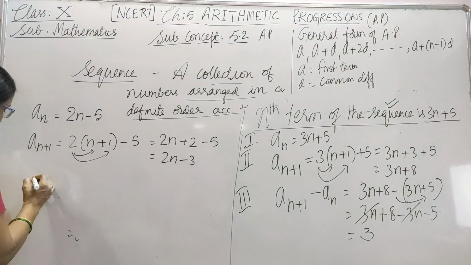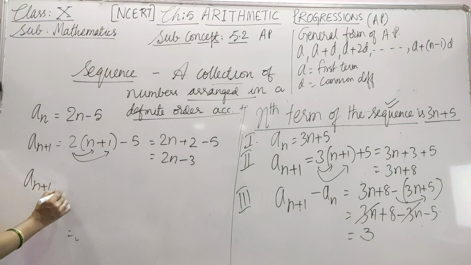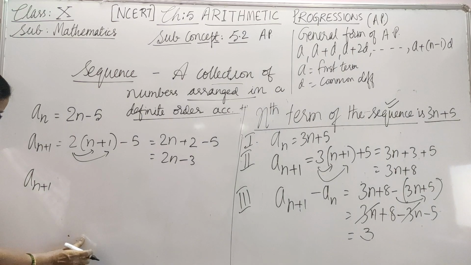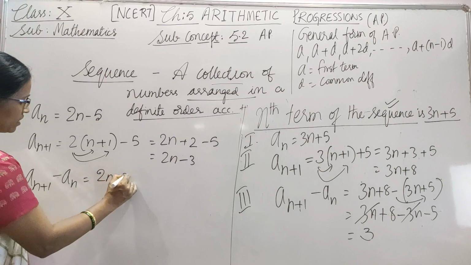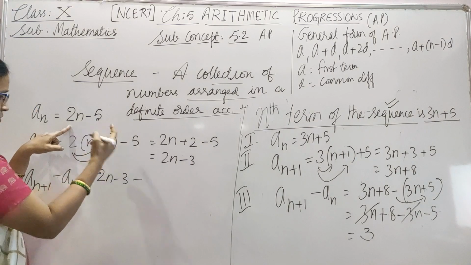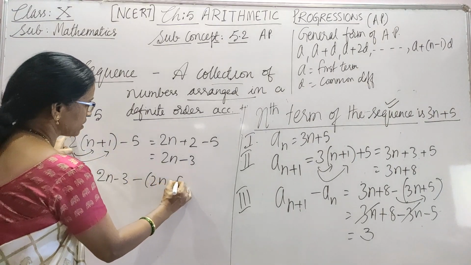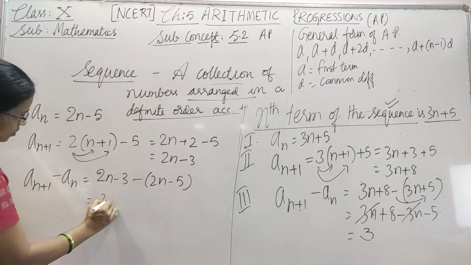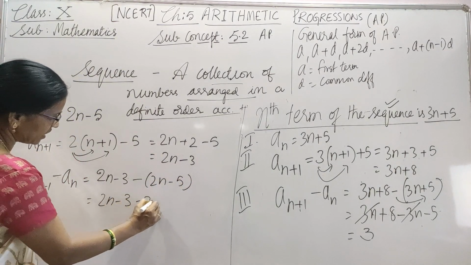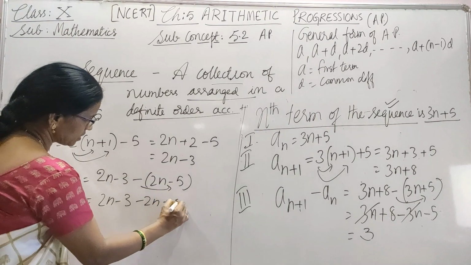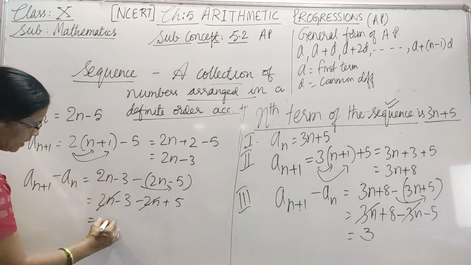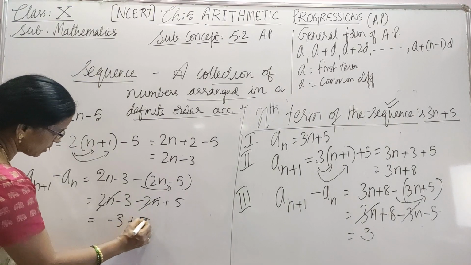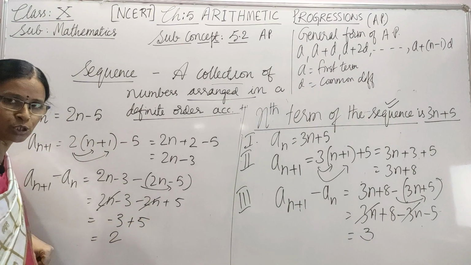An plus 1 minus an is equal to 2n minus 3 minus of 2n minus 5. Then 2n minus 3 minus 2n, minus into minus is plus 5. So 2n minus 2n will get cancelled. Minus 3 plus 5, that's equal to 2.